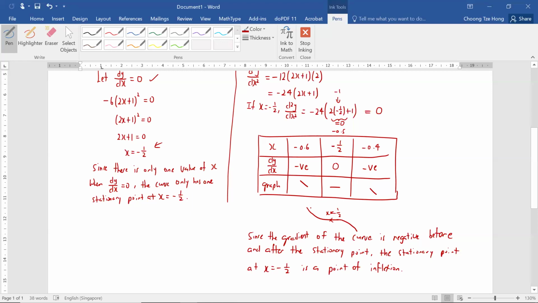So since before the stationary point, negative gradient, going down this way, after the stationary point, still negative gradient, so it's a point of inflection.